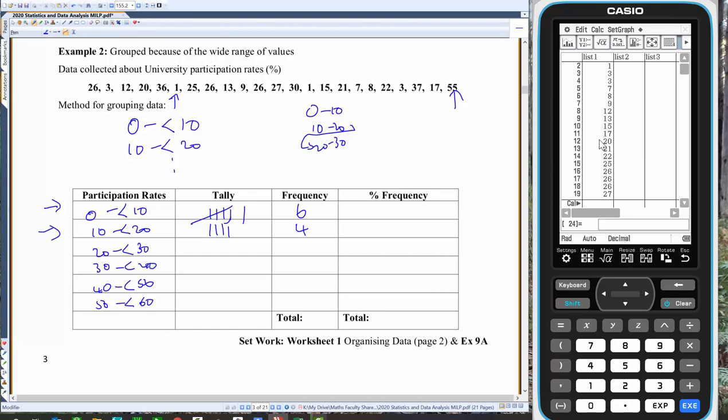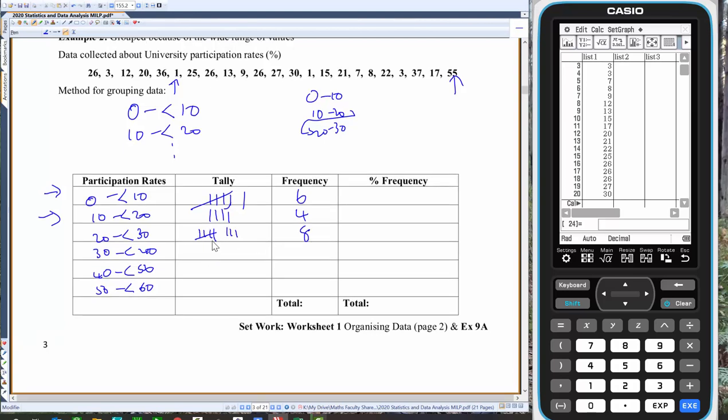So 1, 2, 3, 4, 5, 6, 7, 8. So that's going to be 8. 30 to less than 40, that's going to be 0, and it's important to include it. And 50 to less than 60 is just that one place.